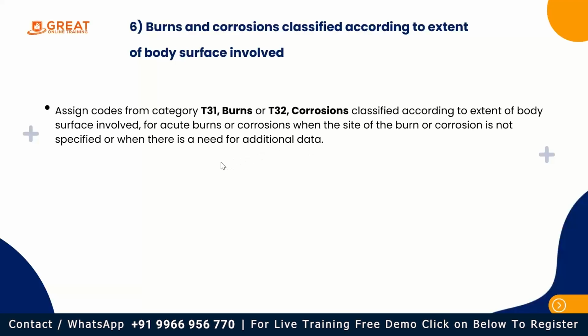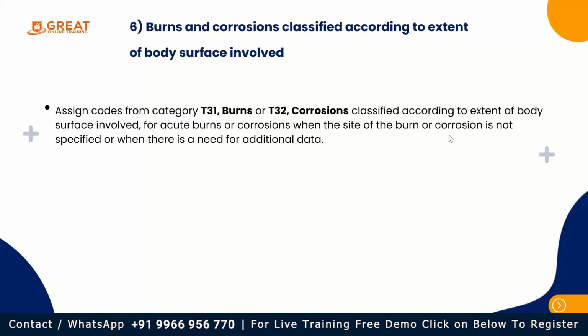For example, if it just mentions 27% of body surface area is burned, but the site is not given, in that case you have to use these codes. I'll show you how to select these codes.